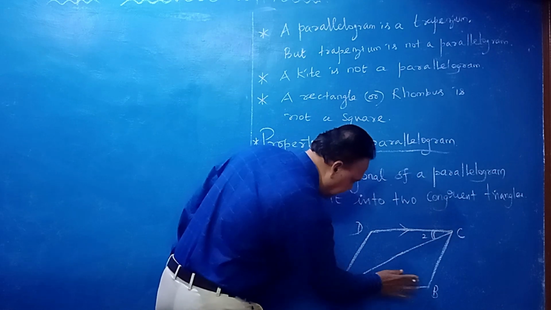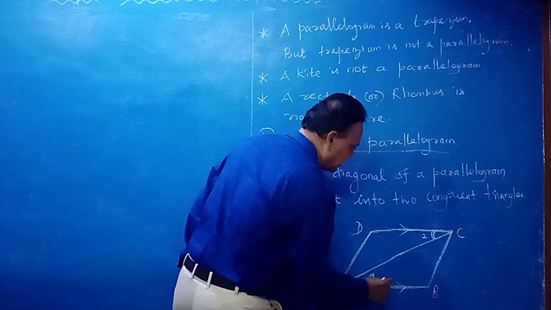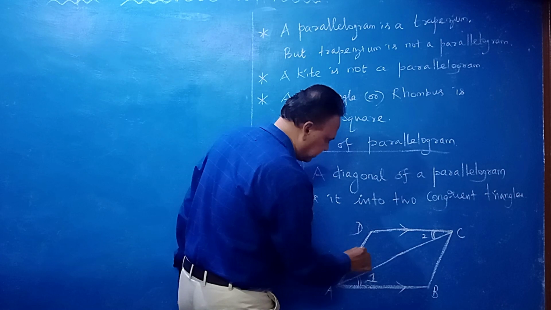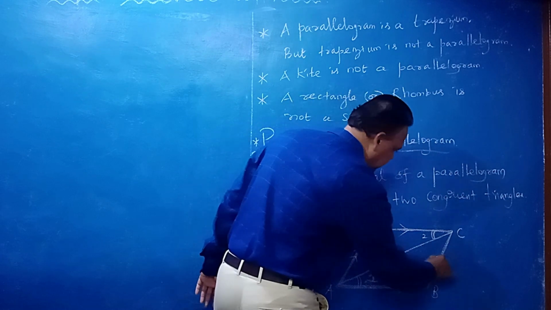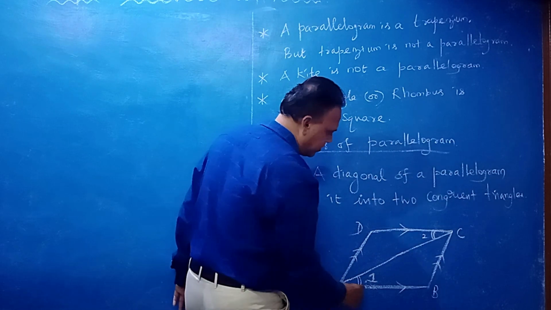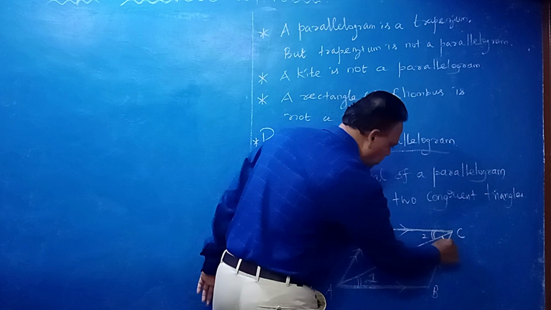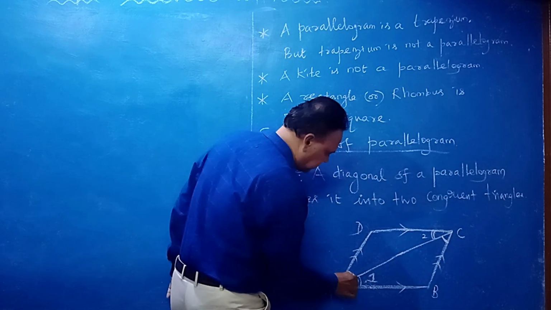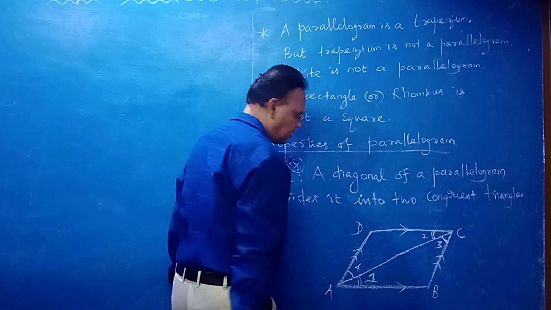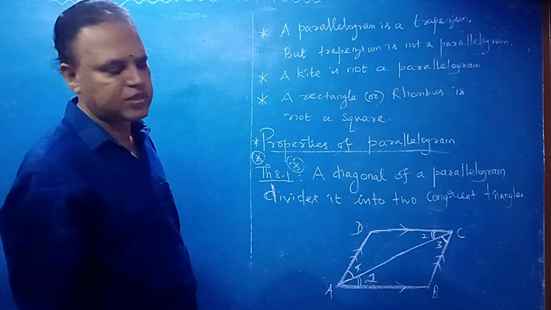Alternate interior angles. Next, these two lines are parallel, and again this is the transversal, so this angle equals this angle. Angle 3 equals angle 4. This is also alternate interior angles.